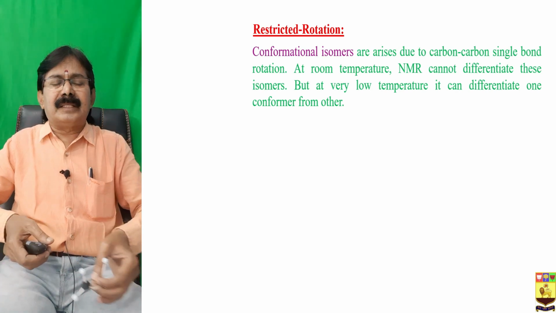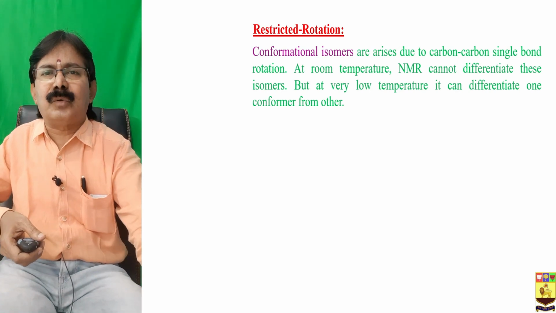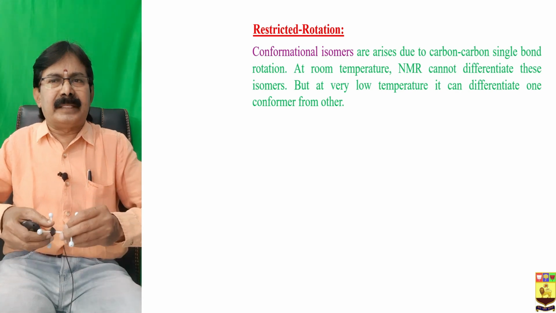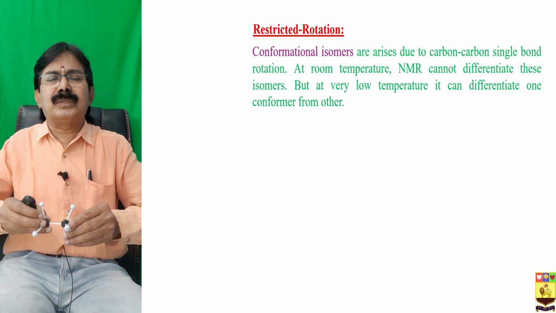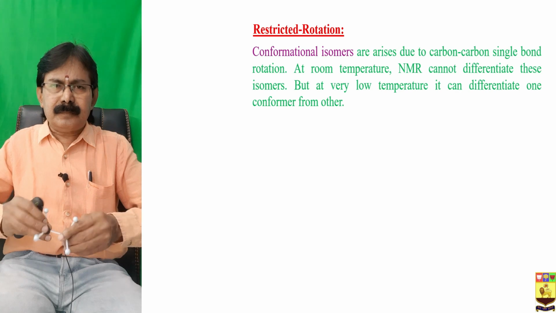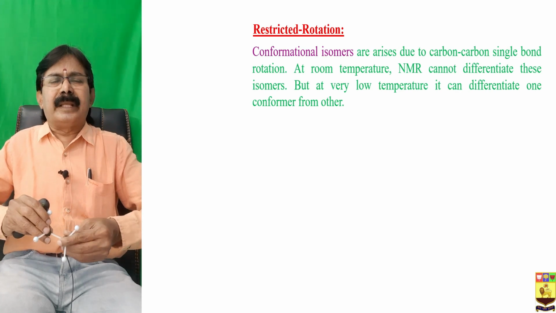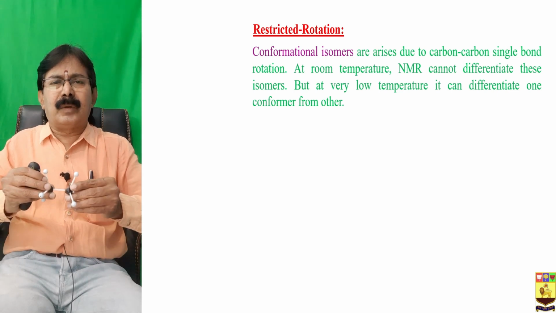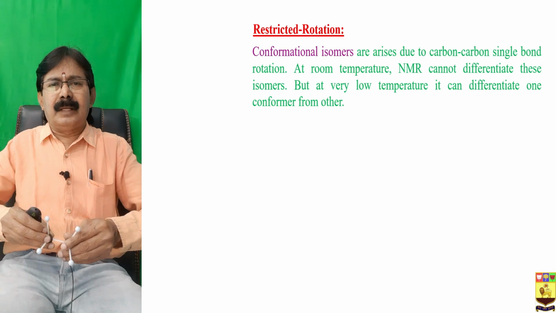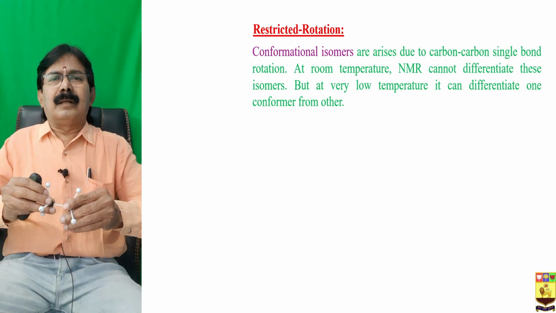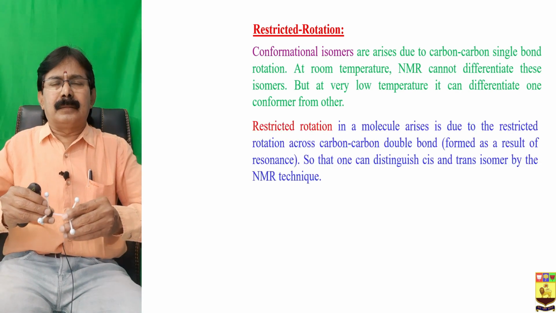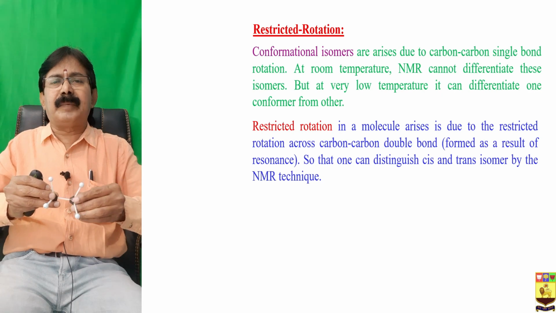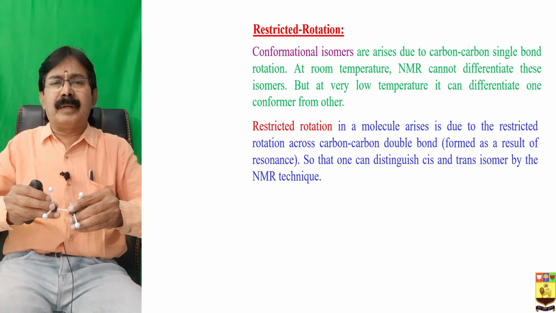The conformational isomers arise due to carbon-carbon single bond rotation. At room temperature, the molecule undergoes fast rotation, so the NMR cannot find the difference between one conformer and the other.